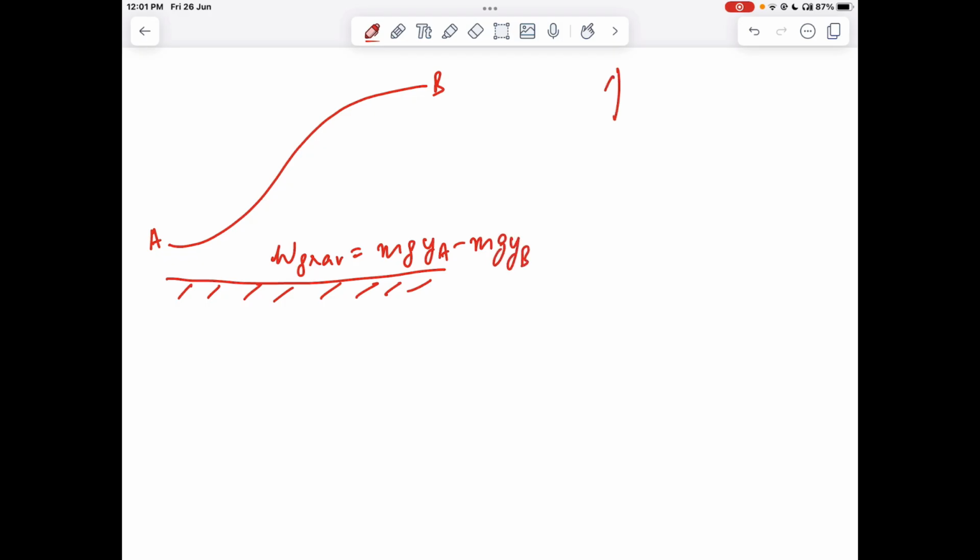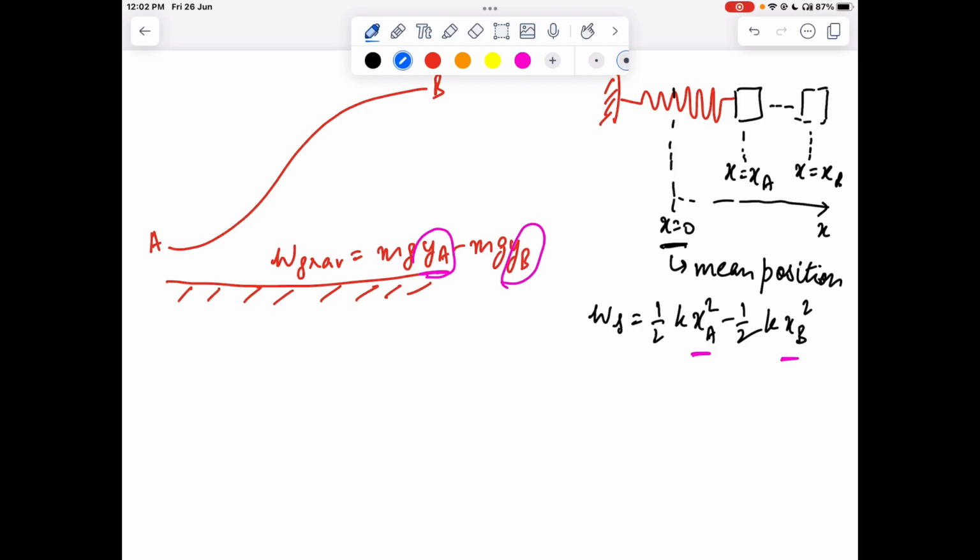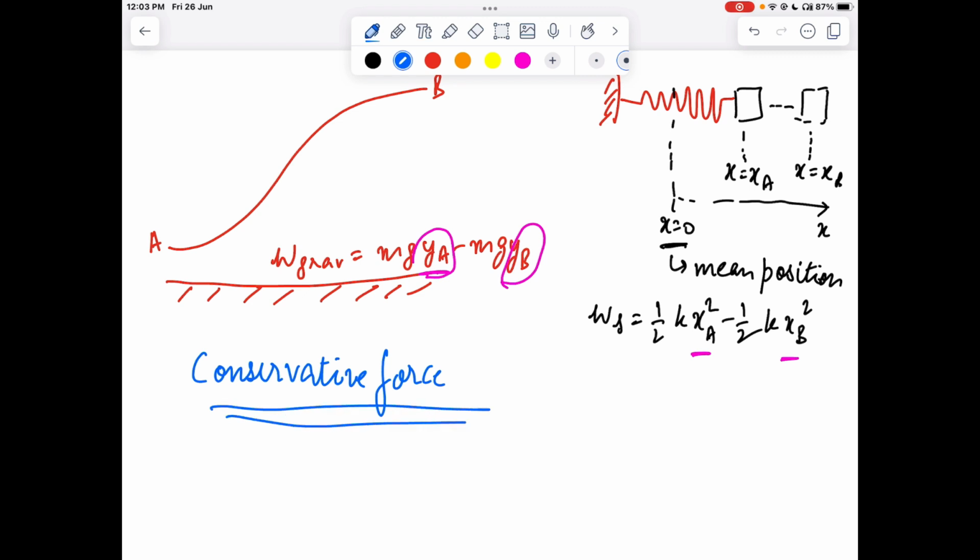Similarly, for the case of the spring, the work of the spring force is half k xA square minus half k xB square. Now, in both cases, you have the work dependent only on the initial and final positions, right? So whenever that happens, where the work done by a force is only dependent on the initial and final position, we call that force a conservative force.